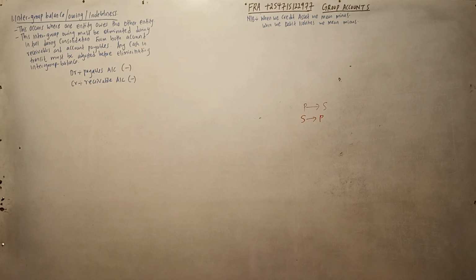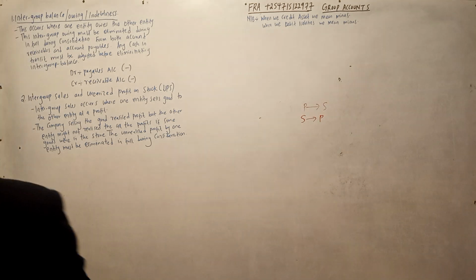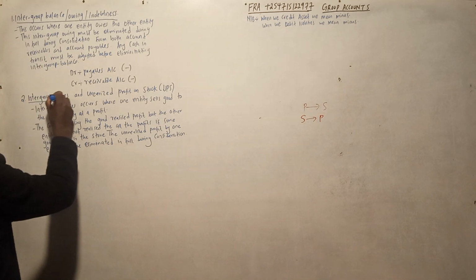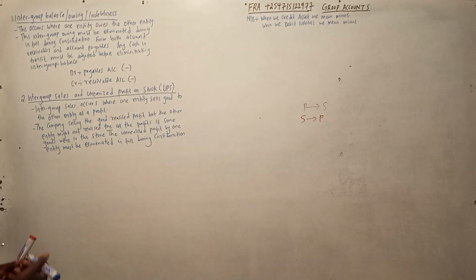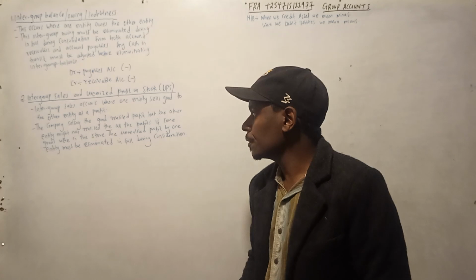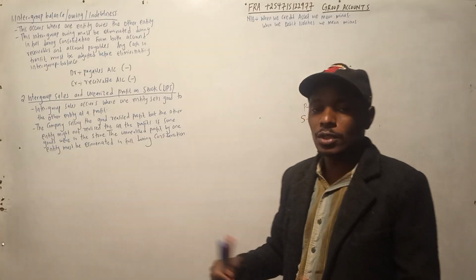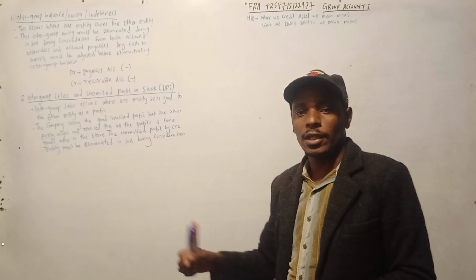Let's go to number two, intergroup sales. For intergroup sales, we shall combine it with unrealized profit on stock, the UPS. Intergroup sales occur when one company sells goods to another entity.